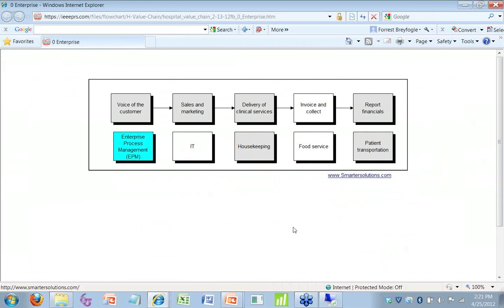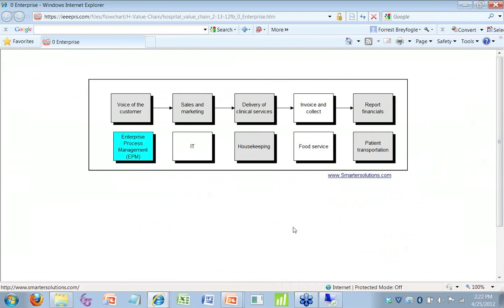The box in the lower left-hand corner I will describe a little bit later. So let's look at the boxes at the top. We're talking about, first, getting voice of the customer. Hospitals have sales and marketing efforts. They also then have clinical services. They invoice and collect.